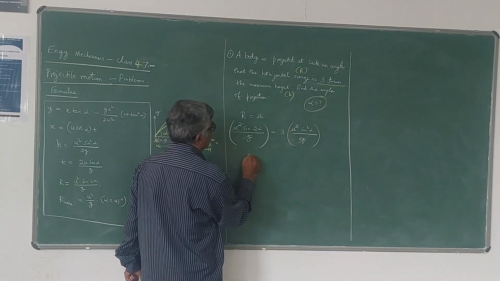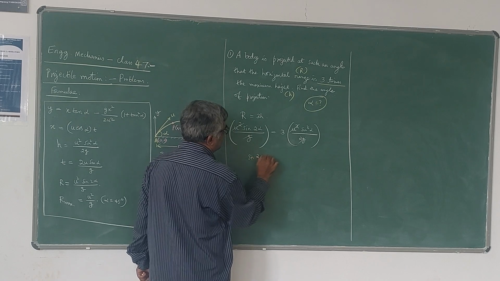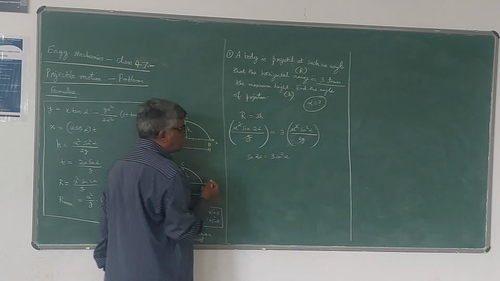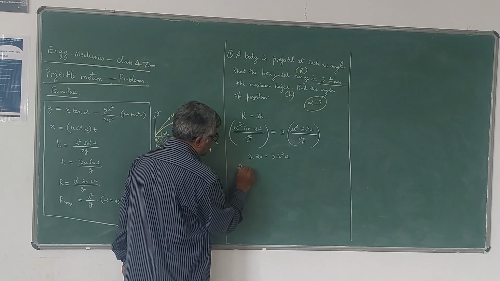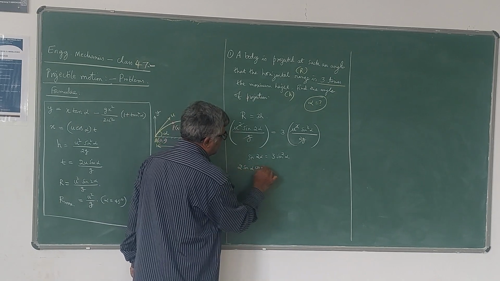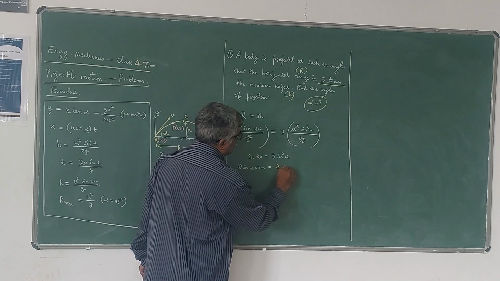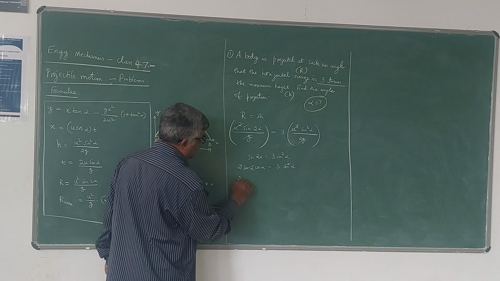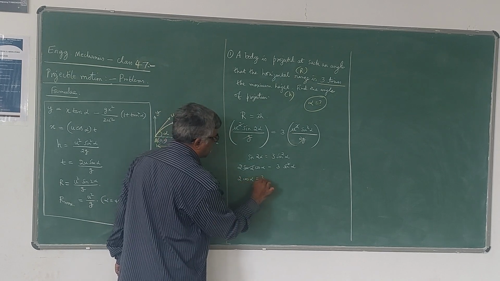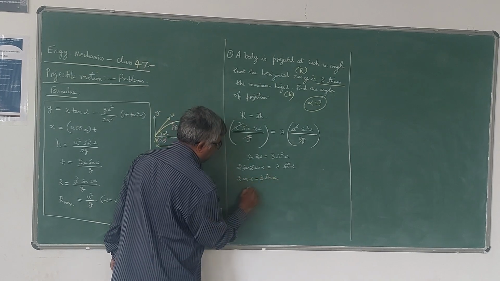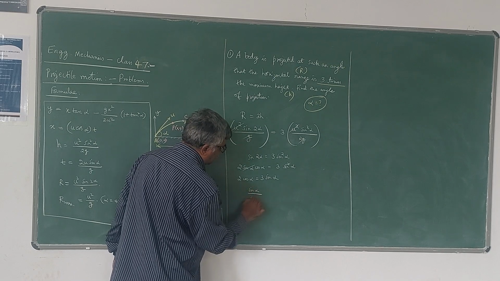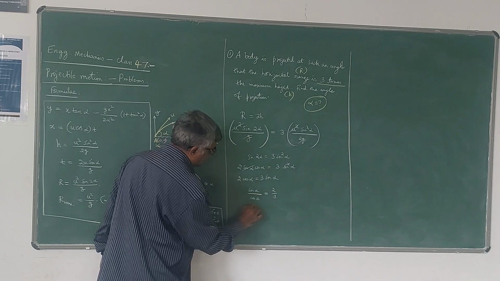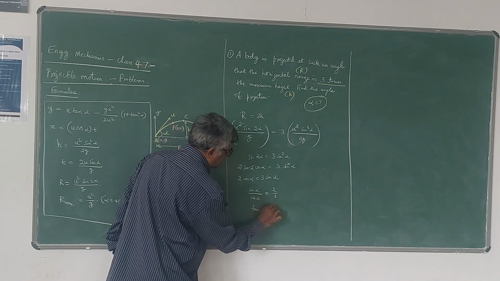You will be left with sin 2 alpha is equal to 3 sin square alpha. Sin 2 alpha can be written as 2 sin alpha cos alpha, which is equal to 3 sin square alpha. One sin alpha you can cancel. So 2 cos alpha is equal to 3 sin alpha, or sin alpha divided by cos alpha is equal to 2 divided by 3. So tan alpha is equal to 2 by 3.